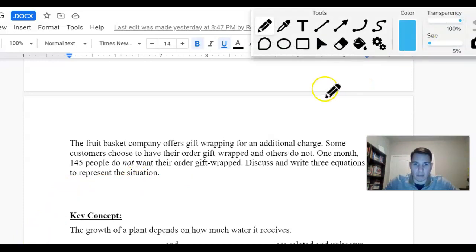Let's see what you came up with. So some of our information is we can either have them gift wrapped or not. Those are our 2 options. What we know is that we have 145 people who do not want them gift wrapped. So we can start off with 145.